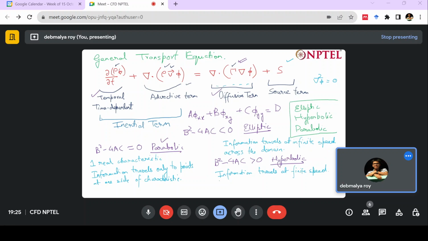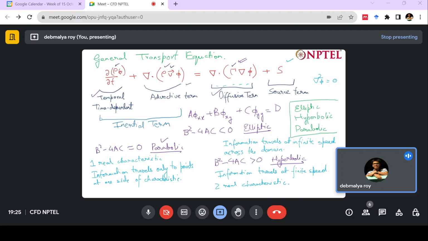So here there are two real characteristics. To be fair, if you think about hyperbolic in the way you think about the parabolic equation, here you will have these two characteristic curves, and these two characteristic curves will divide your domain into four parts.